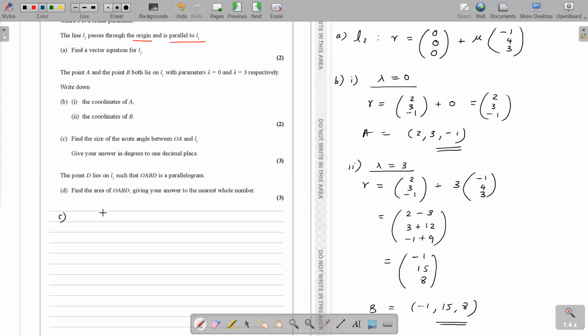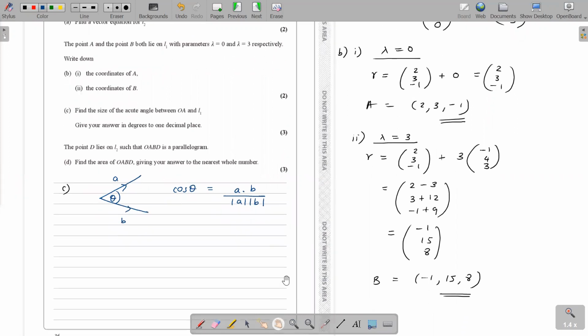So how do you get the size of the acute angle between OA and L1? Do you remember how to get the angle between two vectors? Normally, if you have two vectors A and B, cos theta is given by A dot B over modulus A times modulus B. This is the equation that we normally use.